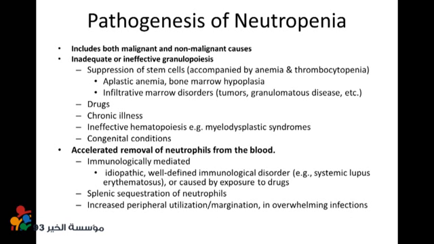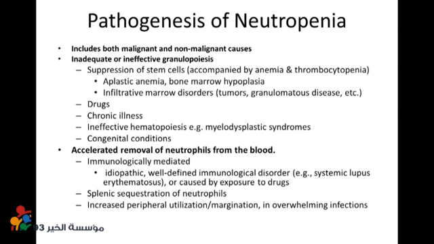Usually, if there is suppression in the marrow, it is accompanied by anemia and thrombocytopenia, and you'll find other cell lines decreased. We would call this aplastic anemia, which is basically bone marrow hypoplasia, and it's a misnomer because people see aplastic anemia and think the only thing that is down is the red cells, but it's actually all the cell lines. Or an infiltrative marrow disorder like tumors or granulomatous disease. Many drugs can actually cause this, and we can talk about that.